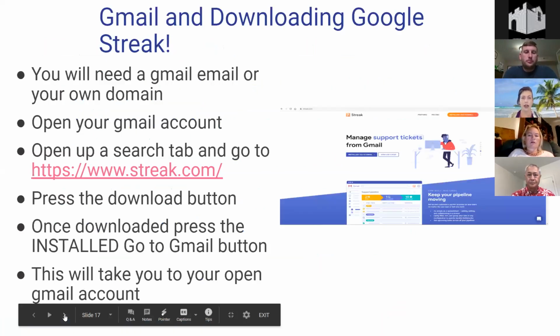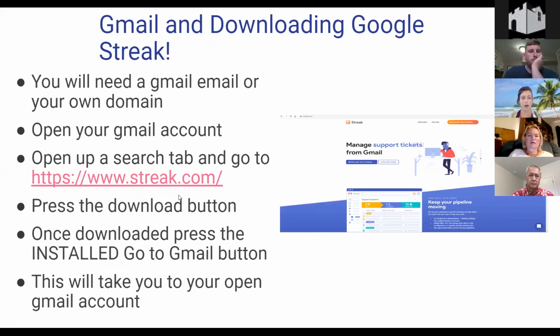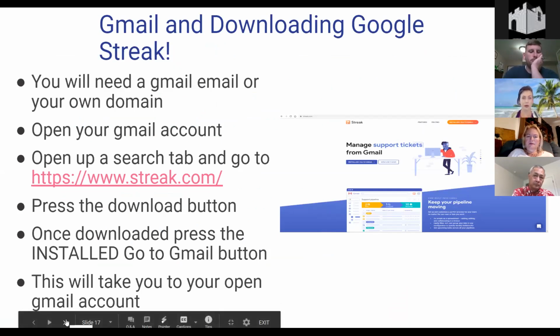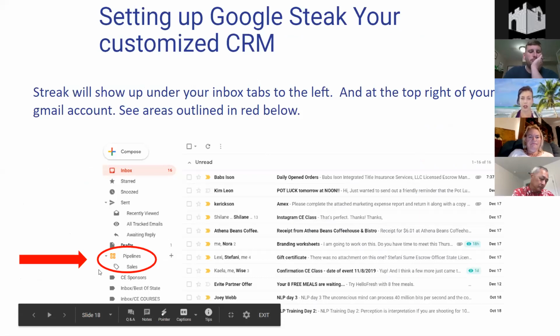Once you have that, you want to go into your Gmail and you can download Google Streak. You just basically open up a search tab, go to streak.com, press the download button. Once it's installed, you press go to Gmail, and this is going to open up your Gmail account. Once you have that, you're going to see this new added little feature in your Gmail where it says pipeline and sales.